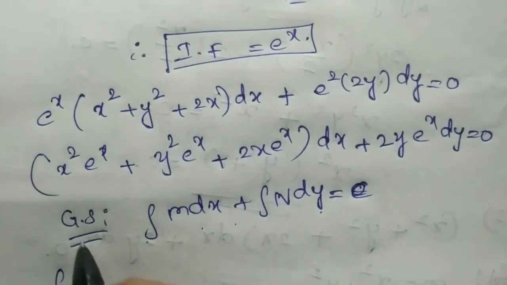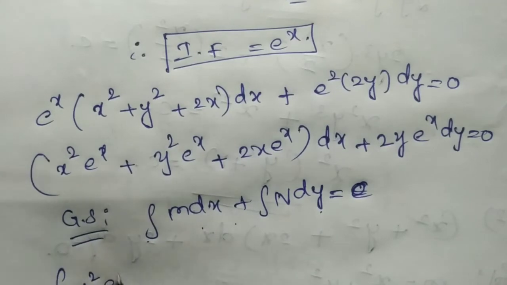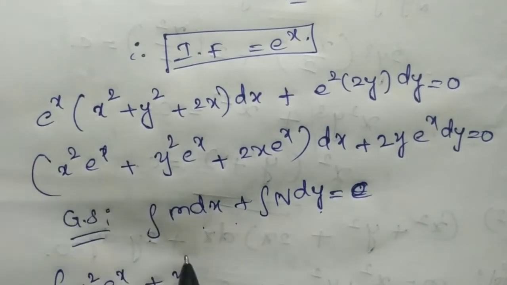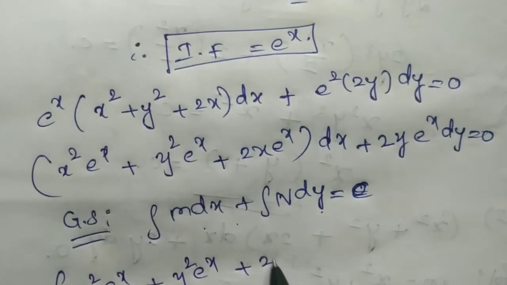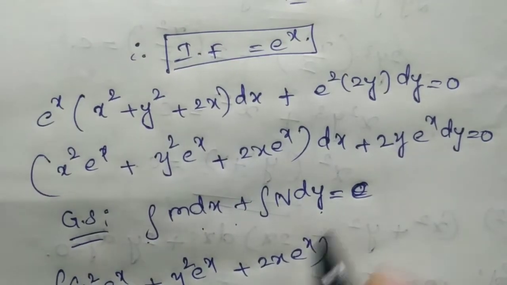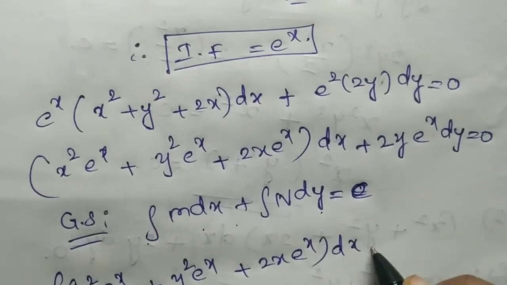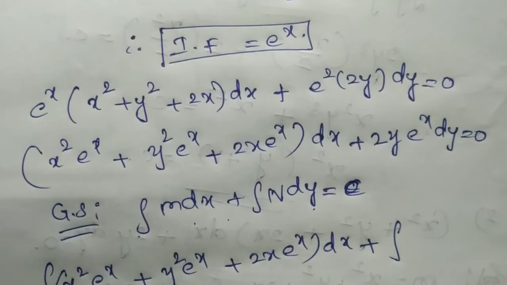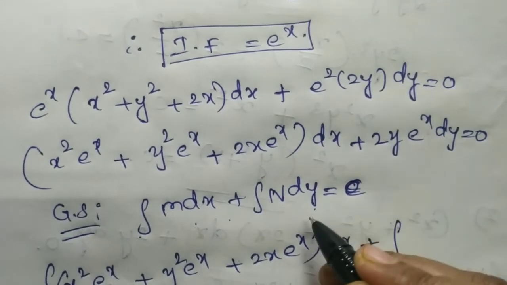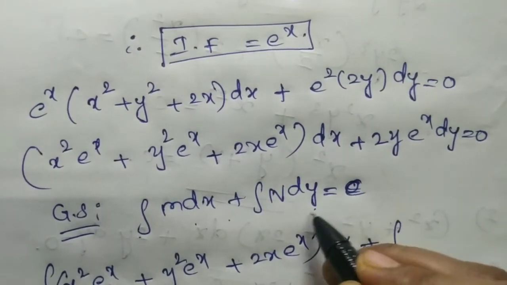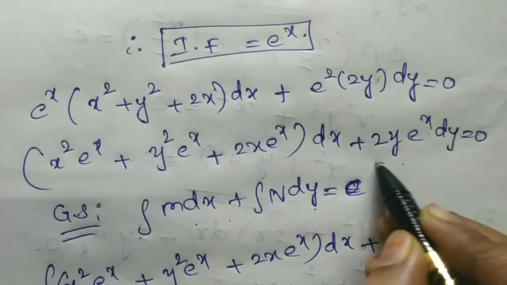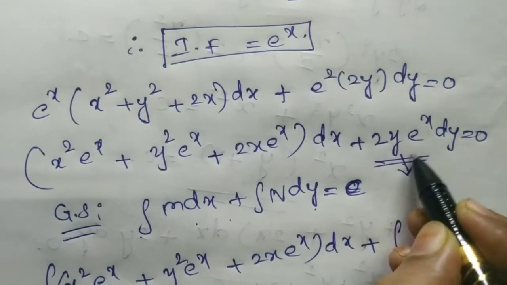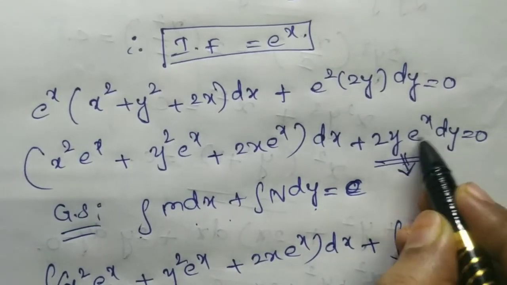So integration of M dx, (x square e power x + y square e power x + 2x e power x) dx, plus integration of N dy. So here N contains x terms also.